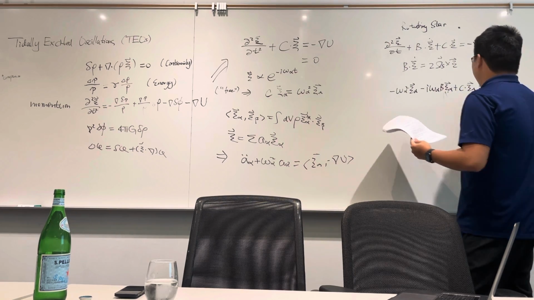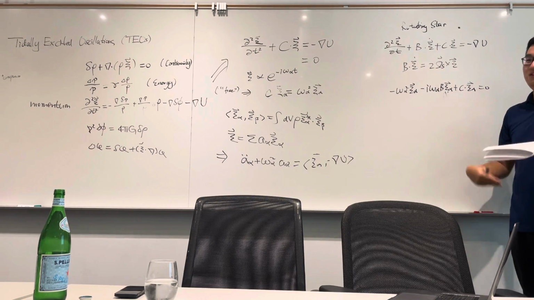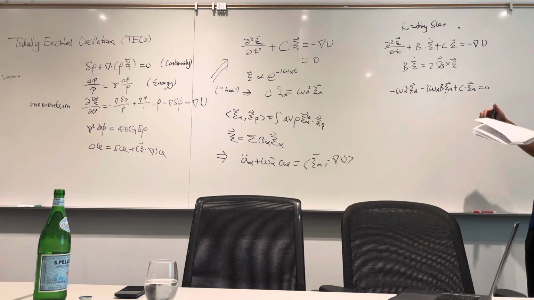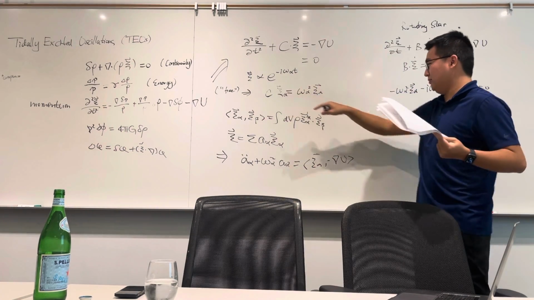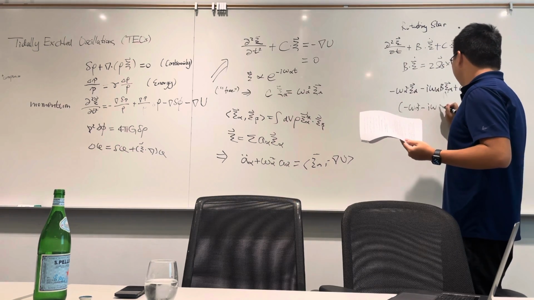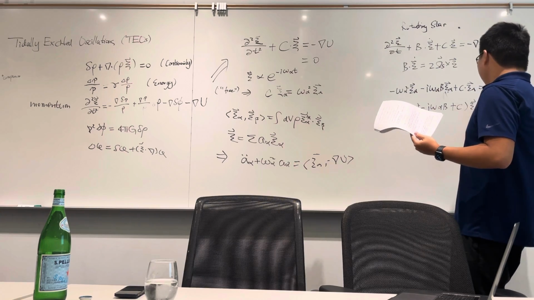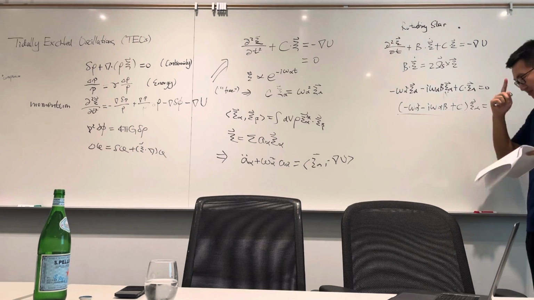Say I just solve this, then I expand everything in terms of this C alpha, then I solve for the coefficient. But there is a problem. What is the problem? The first thing is that this C operator is Hermitian, but is this operator Hermitian? Actually, it is. So the first problem doesn't exist.